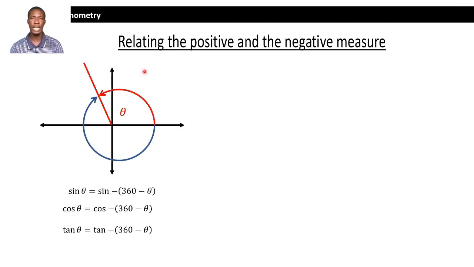Now we want to relate positive and negative angles. As you can see from my arrows, the red arrow here gives us the positive angle, and then the blue one gives us the negative angle. That's because the red one is in anti-clockwise direction and the blue one is in the clockwise direction.